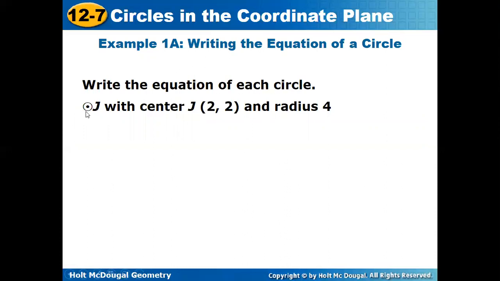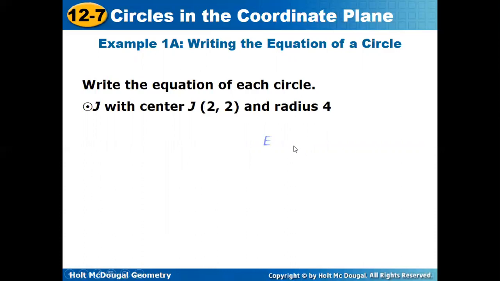The first one, circle J with center (2, 2) and radius 4. Before you start, name the two coordinates of the center as h and k. So the first 2 is h, the second 2 is k. And what is the radius? The radius is 4, so we'll name this 4 as r.